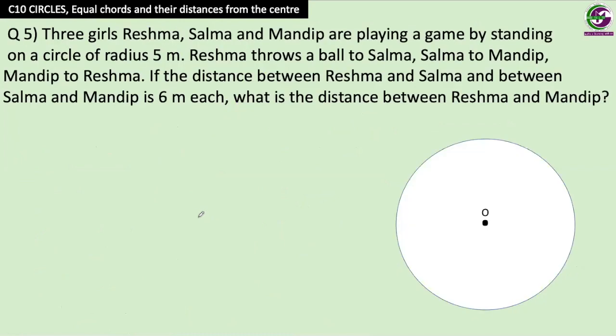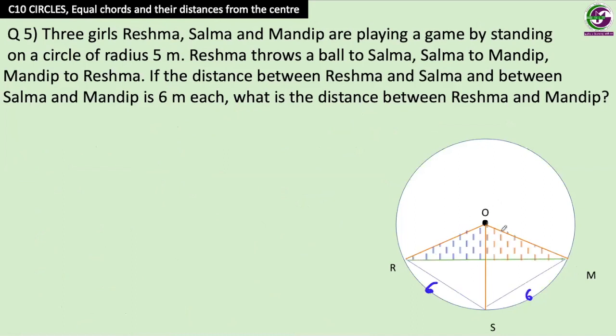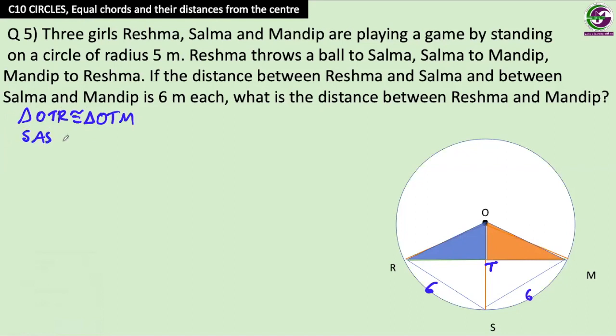Moving on to the second method, again, let's see the distance between them. They are 6 meters apart. And again, let us consider the two triangles. We have proved that triangle OTR is congruent to triangle OTM by SAS congruence rule. The radius OR is equal to OM.